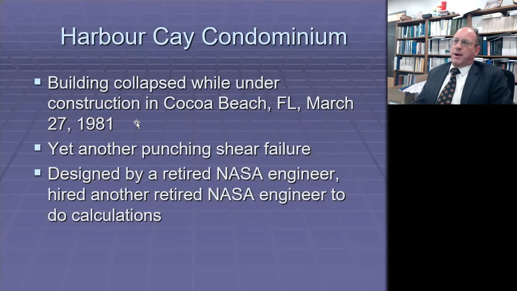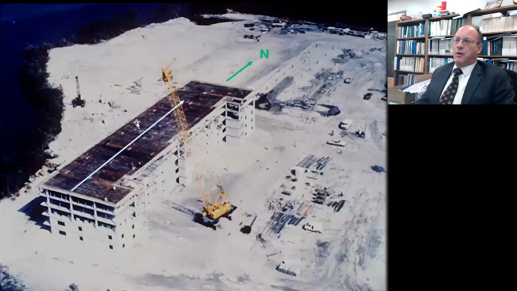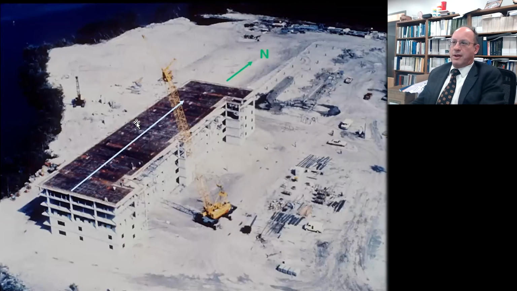This is a comparatively low-rise building, and this photo and some of the annotations basically show the direction of concrete placement and the direction of construction at the 5th floor of the building, which for all intents and purposes was held up by the formwork.